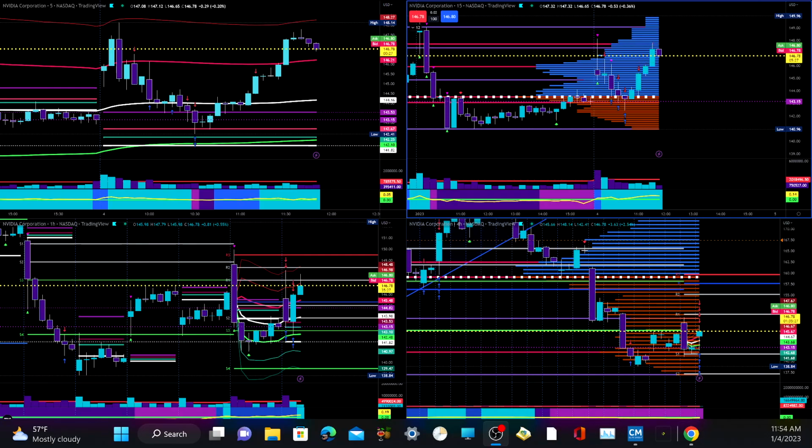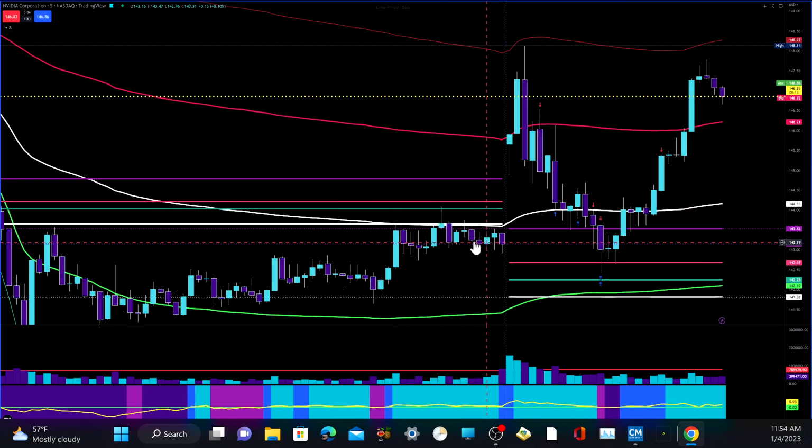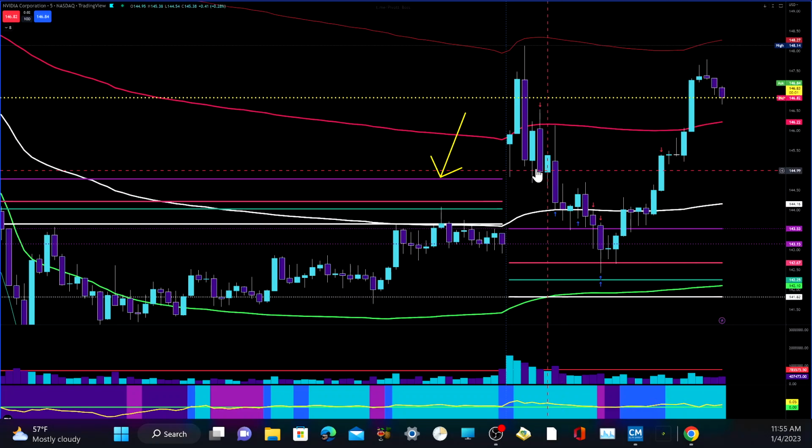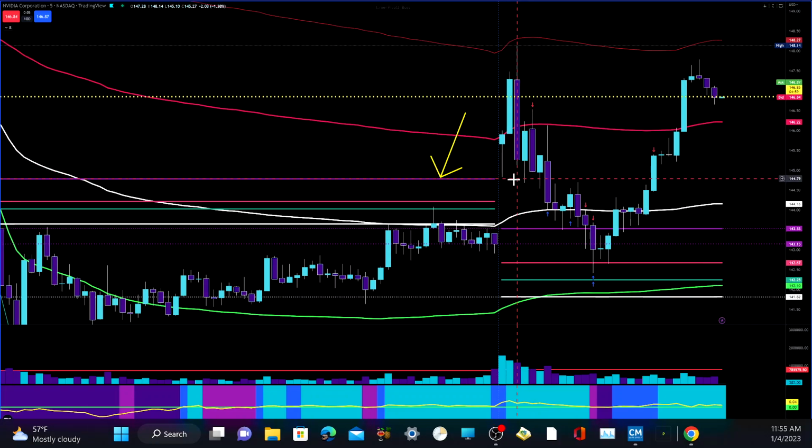Alright, let me grab my epic pen. Wait, hold on. Let me make this bigger. Alright, so this is the Nvda 5-minute chart, and the previous day's value area high, the money zone level, was at this level right here, which is 144.79.